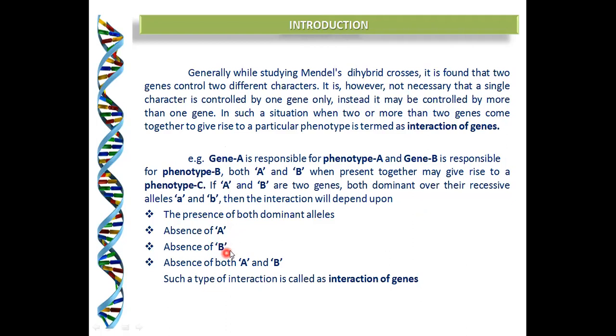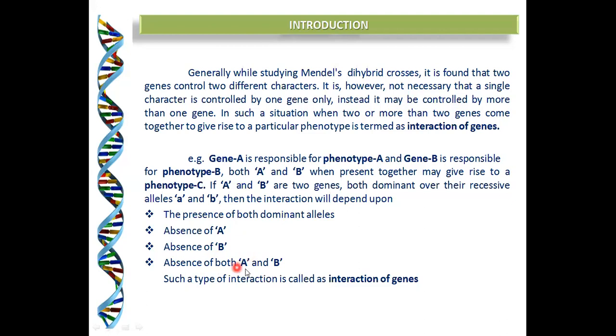Here dominant B is absent, which means that dominant A may be present. So here also we will not get phenotype C, but we will get phenotype A, because A is present.